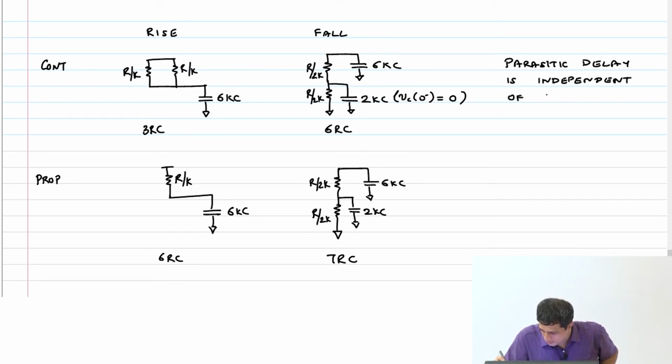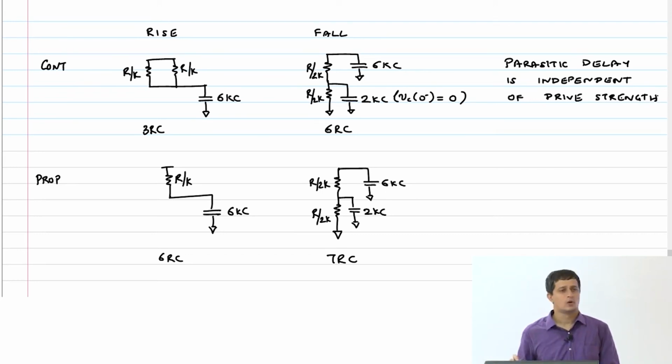Why is that? Because when I upsize a transistor, the capacitance goes up by a factor K, the resistance falls exactly by the same factor K, and it's RC, which is the delay, and therefore they cancel out. To a first order, this is true. Okay.